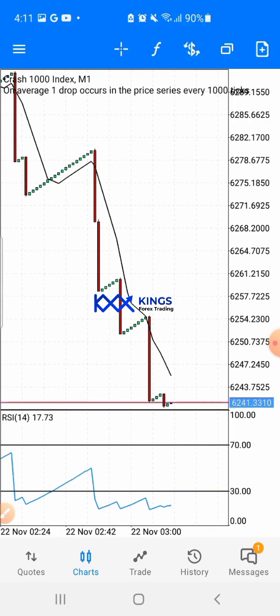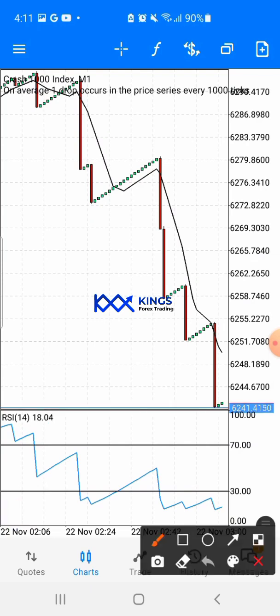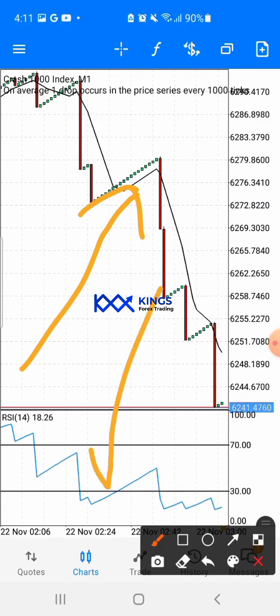If you don't know anything about divergence, it's simple. What it means is just when you are having a contradiction between the chart and the RSI. We have our main chart right here, where we have those candlesticks, and here is our RSI.